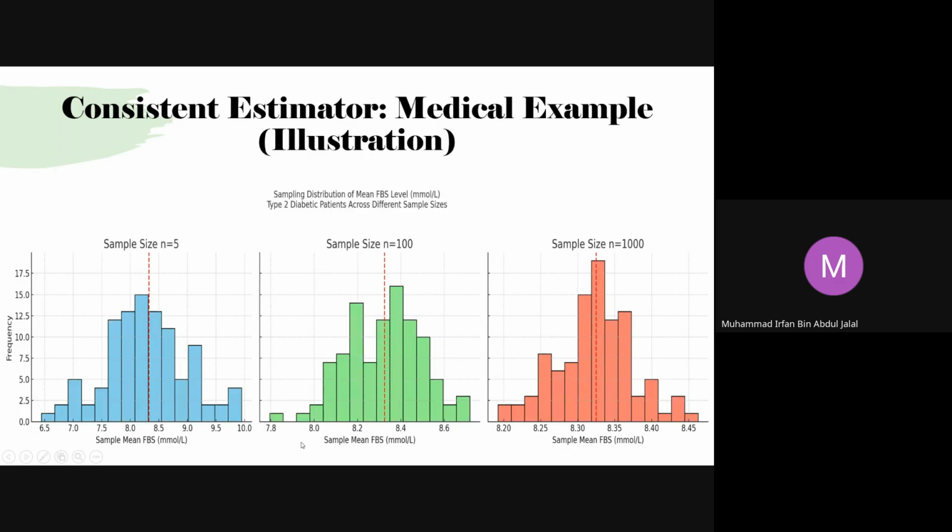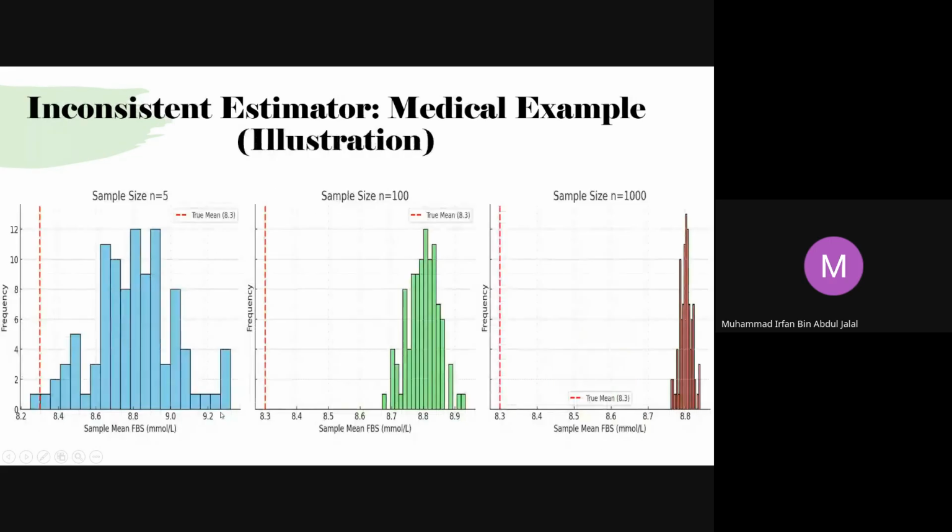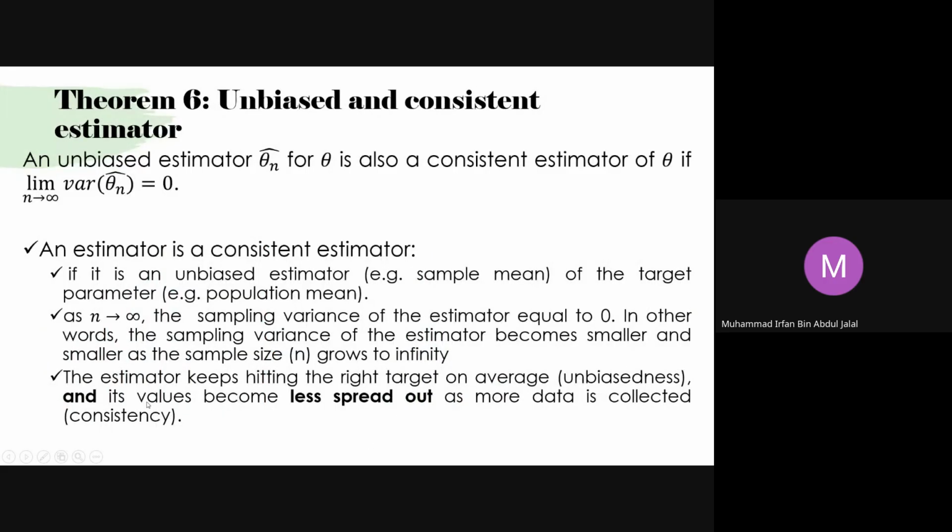The spread becomes smaller and smaller: between 8.20 and 8.45 for a sample size of 1,000, and between 6.5 and perhaps 9.9 for a sample size of 5, for example. So that's what it means. The estimator keeps hitting the right target on average, unbiased, and its value becomes less spread out as more data is collected. This part is what you call consistency.